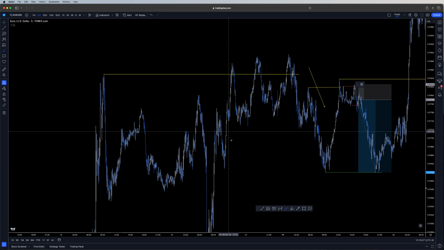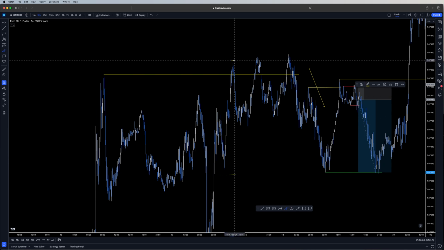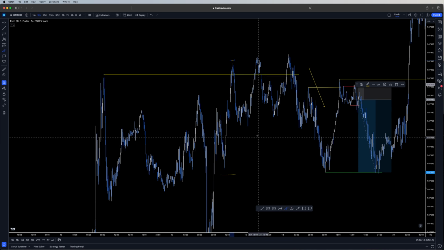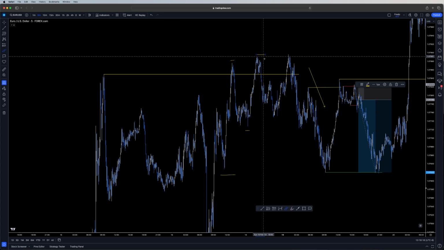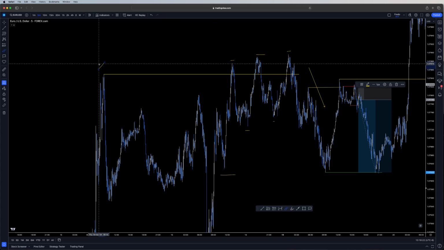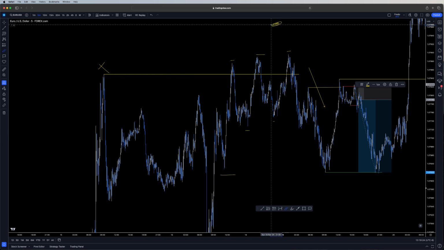So from a structure POV, we have a low into a high internally in order to reach that previous major intraday high. Then we have a pullback and we have a new high, and then we have a pullback and then we have a new high, right? But we are still failing to close with a substantial new high.